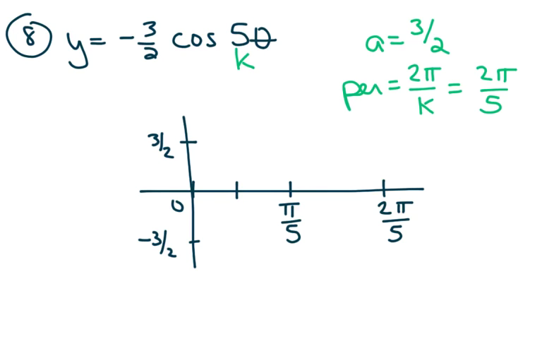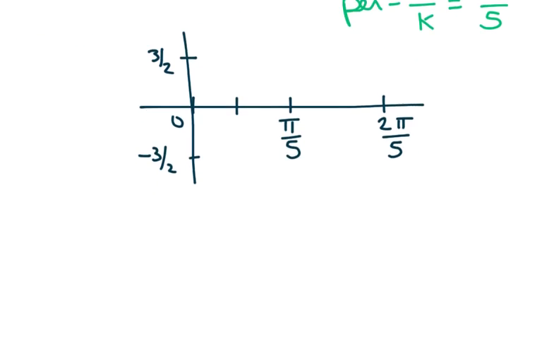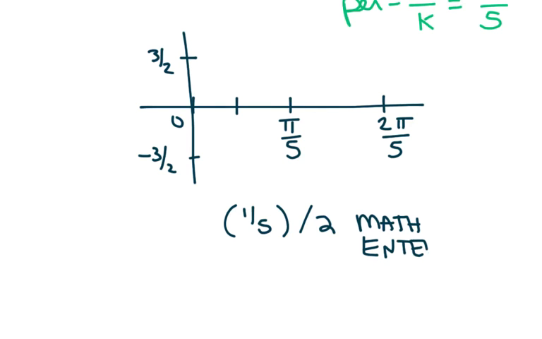What's half of pi over 5? In your calculator, don't put pi in. Do 1/5 and then divide that by 2, and then hit math, enter, enter, and it'll tell you that it's 1/10. So in our case, it's going to be 1 pi over 10. So this is going to be 3 pi over 10.